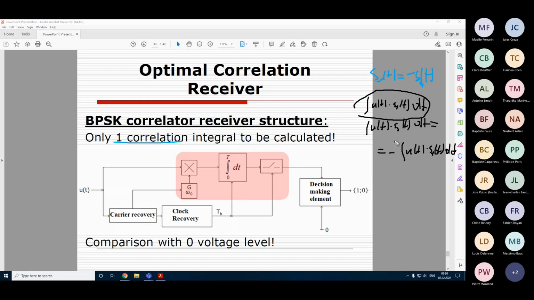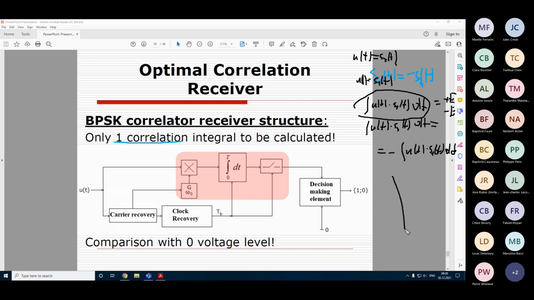So again, no point in calculating two integrals. Accordingly, in this case, the result, if u(t) is S1, is going to be plus energy. If u(t) is S2, then we are going to get minus energy.